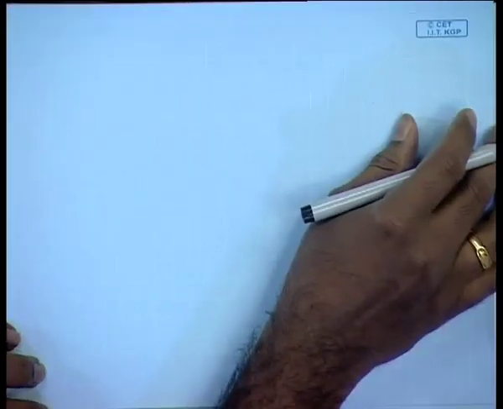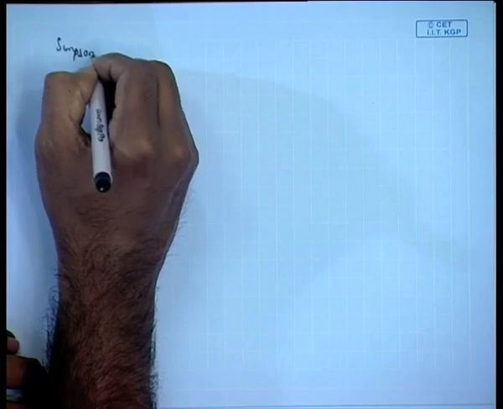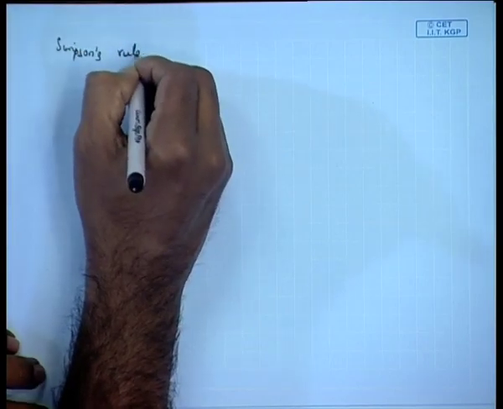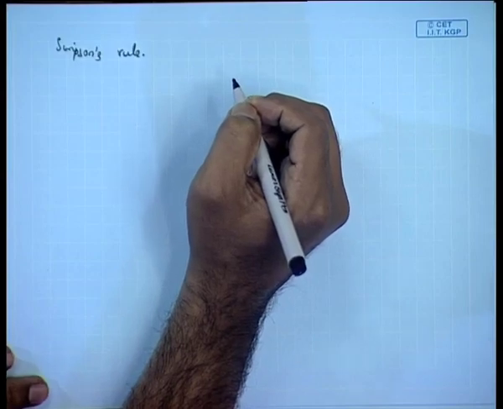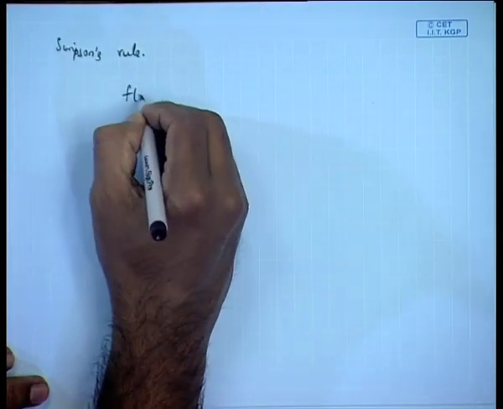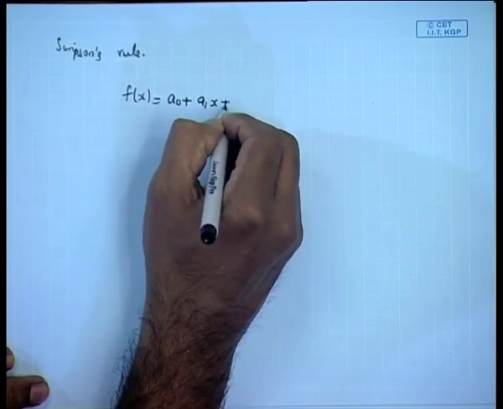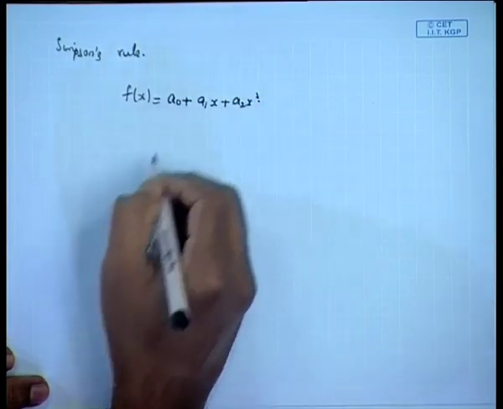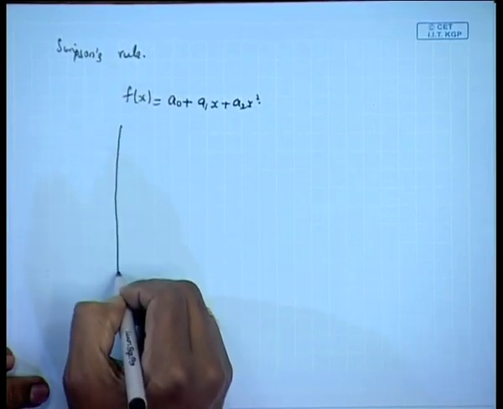The next is another method that is known as Simpson's rule. What we do is we replace f of x by a0 plus a1 x plus a2 x square, that is a parabola. So, the situation will look like this.